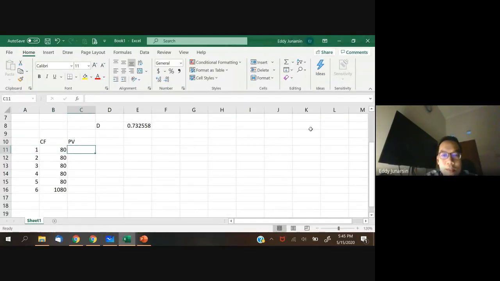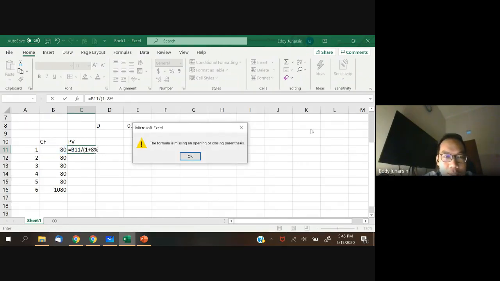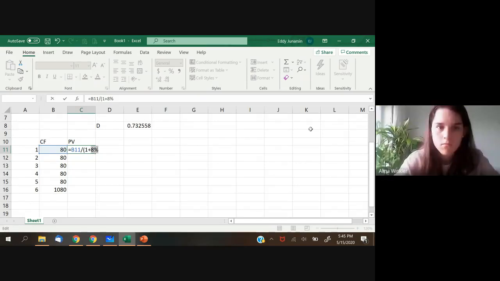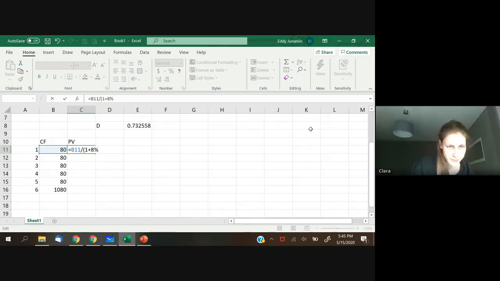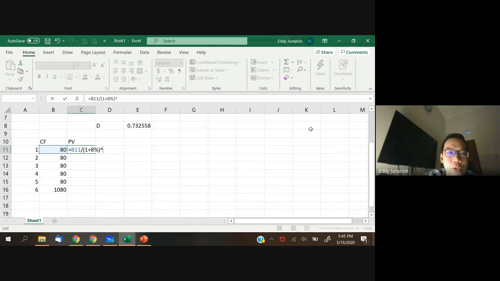The first one, 80 divided by 1 plus... Remember, what is the 8%? What rate is it? Is it market rate or coupon rate? Market rate. Yeah, be careful, right? To the power of 1.